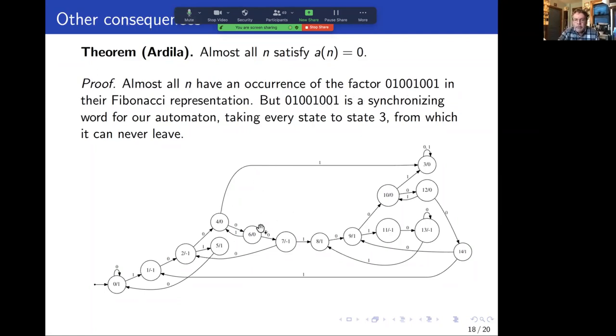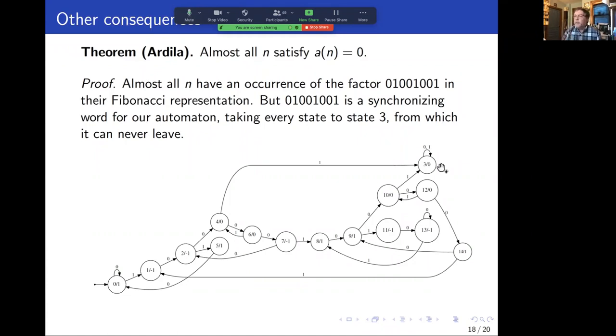But you can see that if you start in any state in this automaton and you read this block, you end up in state 3, which has output 0. And once it gets to state 3, it can never leave. So this is actually a synchronizing word for the automaton. And that shows that almost all n satisfy A of n is 0.